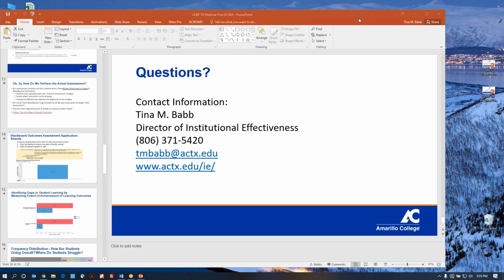Now, when it comes to assessing the PSLOs, or the program learning outcomes, that does have to be from the department itself. If we've got smaller programs, let's say in health sciences, sometimes we have to reach into the advisory board, and advisory board members may help us with assessment. I'm trying to get them involved more in the process because they do have a say in our curriculum when we talk about technical programs.